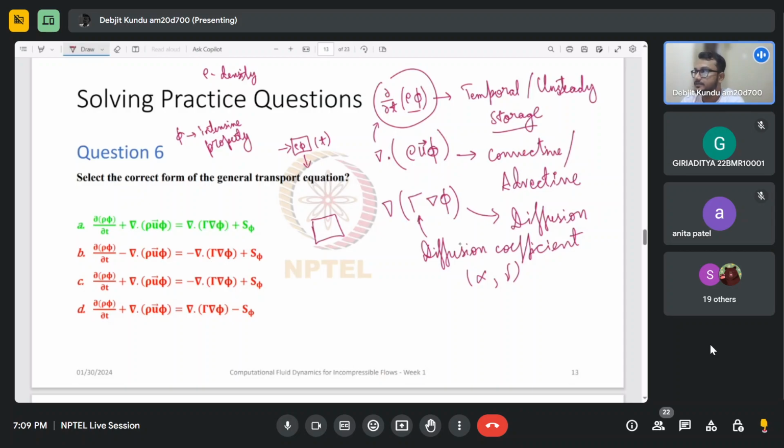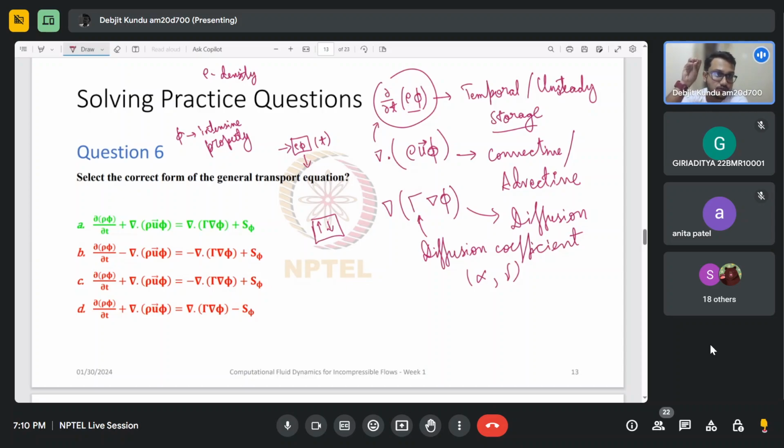And the third term is, even if there is no flow, no diffusion, nothing happening, the quantity stored within the control volume can still change. That is, if there is any source or sink within it. Let's say there is some chemical reaction happening that will release some heat, even if heat is not flowing or diffusing out from that control volume.